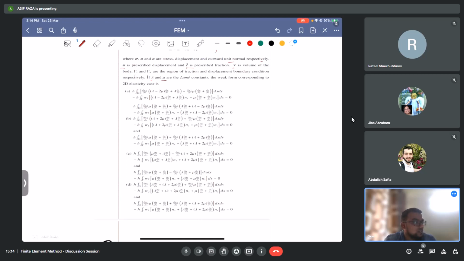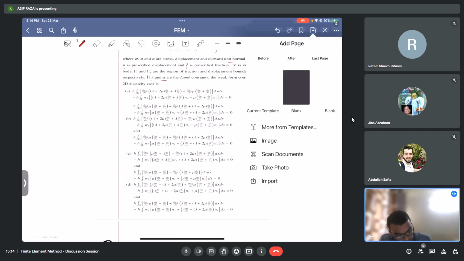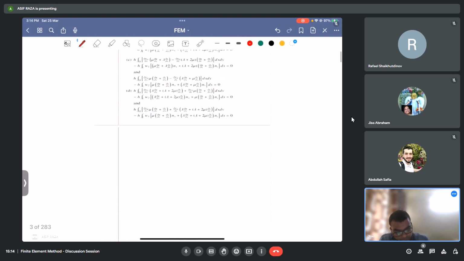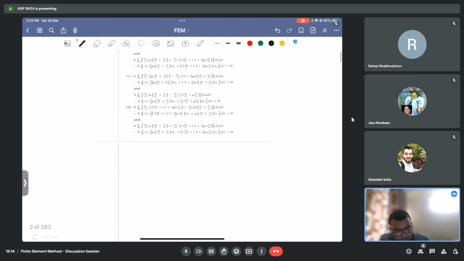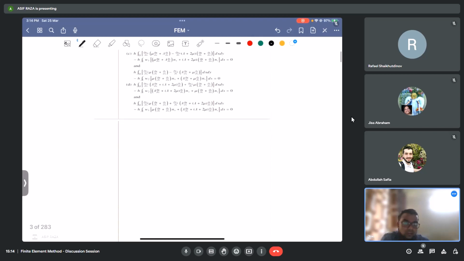Because there are a lot of constants involved and it's a big equation, I'll just start solving. If anyone has a suggestion or any doubt, please jump in. As it's given, the body is made up of isotropic material.